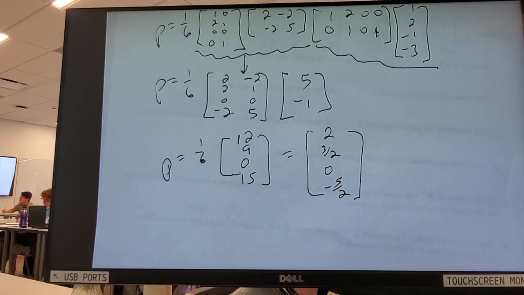Now, real quick. Can you get a feel for whether or not this seems to make sense? No. Immediately, what dimensional space are we working in? R4, yes?